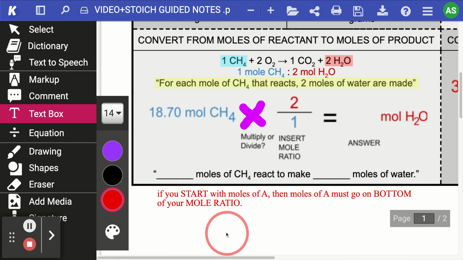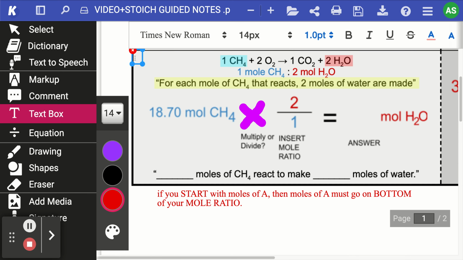All right, cool. Now, what is a mole ratio? Well, let me back up. This is my chemical equation right here. And what it tells me, and this is pretty cool, is it tells me how much reacts to make how much.